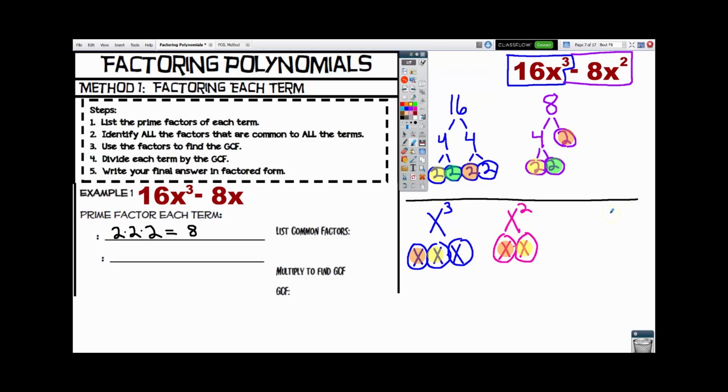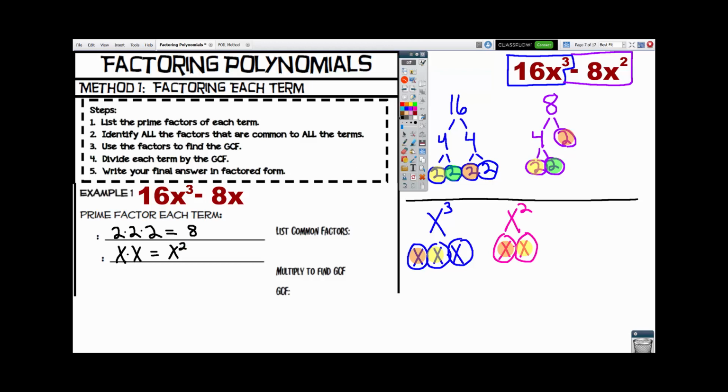This term here has run out of x's to give away, so we can't borrow anymore. Okay, we could take a third one from this one, but that would kind of break the rules because this x to the power of 2 does not have a third variable to give away. Okay, so it looks like we're just going to be borrowing 2 x's. X times x. And x times x is x squared.